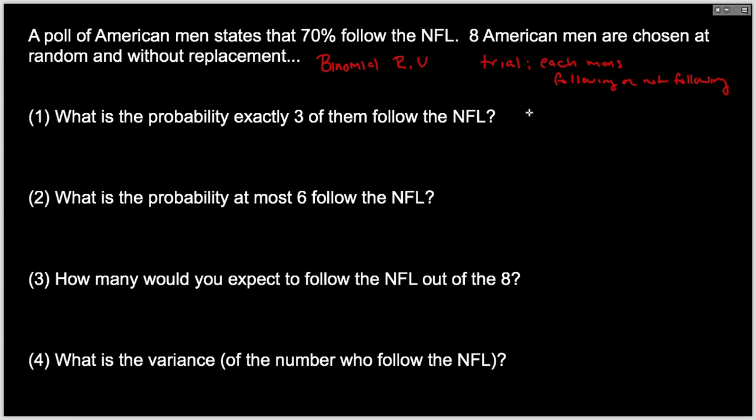And we're going to say that a success is that you follow the NFL. We're going to say it's following. So, how many trials are we having, right? Well, 8 American men are being examined, so 8, right? Eight of them are going to say either like, oh, yeah, I follow the NFL, or no, I don't follow the NFL. It's either going to be, yes, I do follow it, or no, I don't follow it, right?